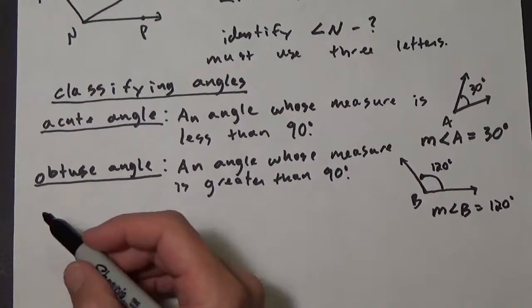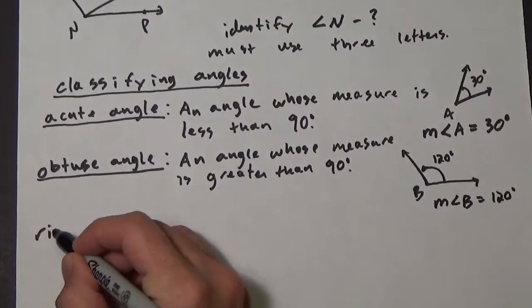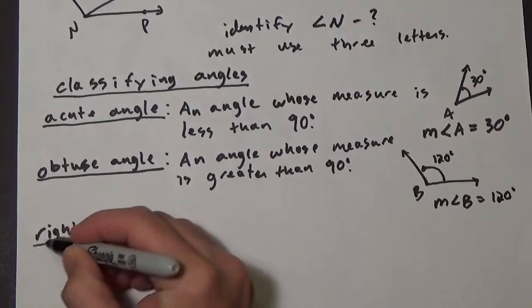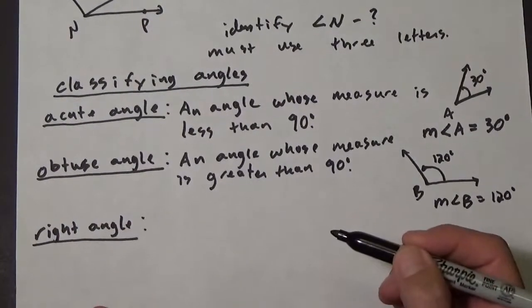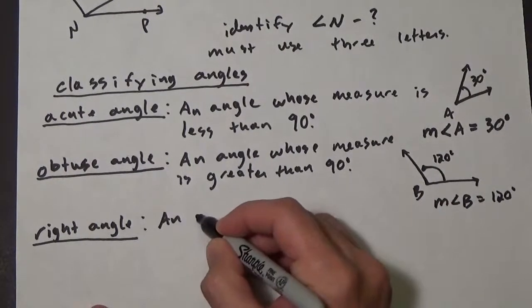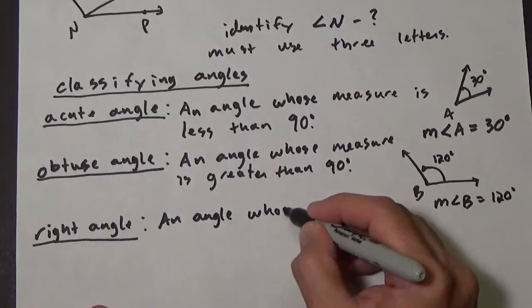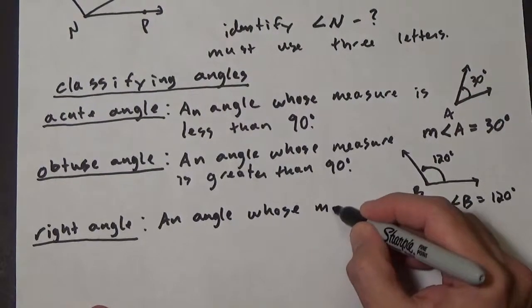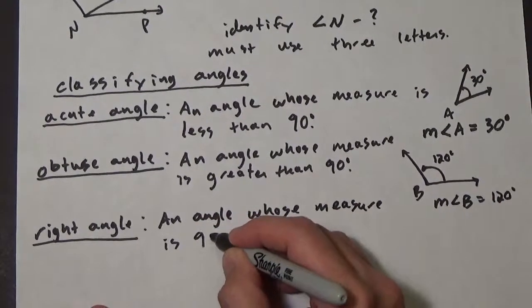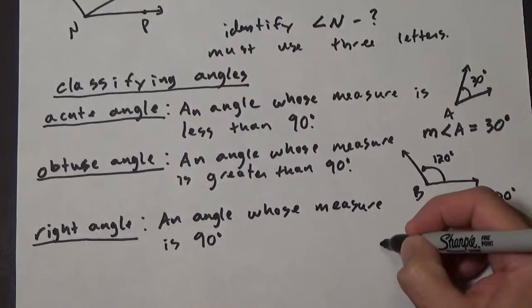The third one, and the most important one, is a right angle. This is an angle whose measure is 90 degrees. This one is very important.